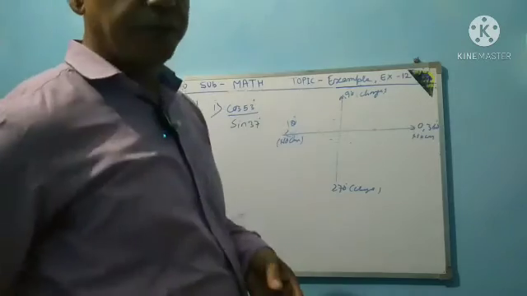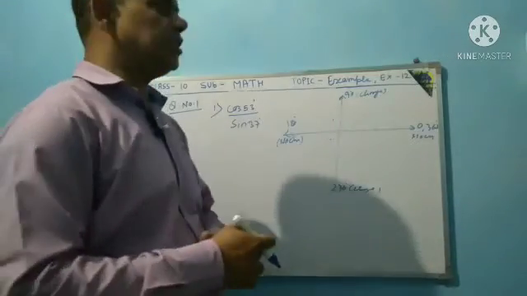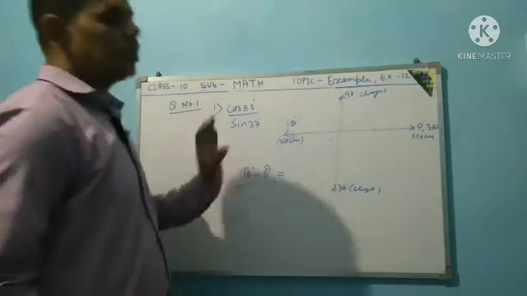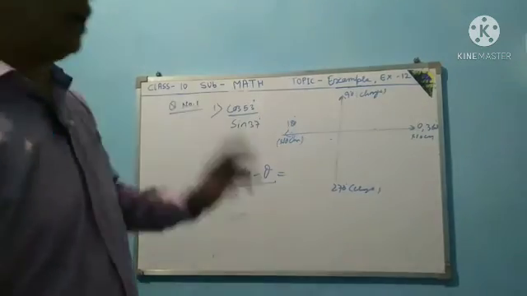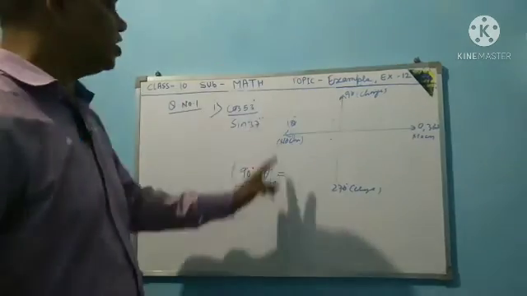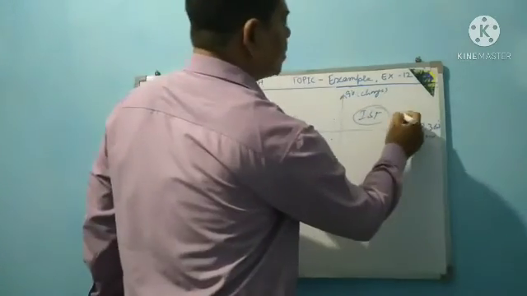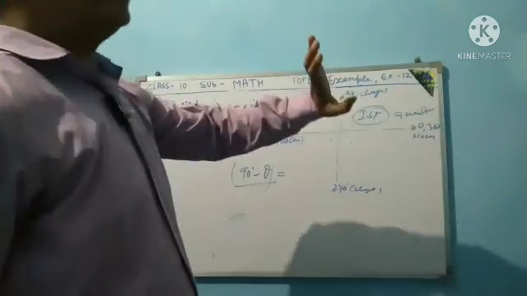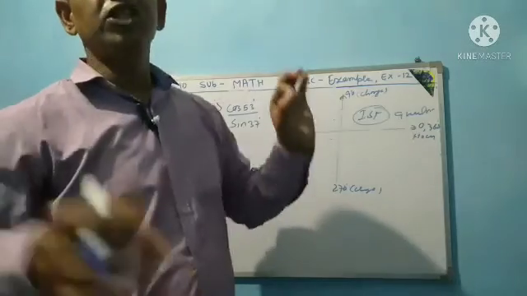In previous classes you studied always 90 degree minus theta. The first term is 90 degree minus theta, which means something is being subtracted from 90 degree, so theta is small, and whatever term comes will be taken in the first quadrant. 90 minus theta is taken in the first quadrant, and at 90 degree there is a change.